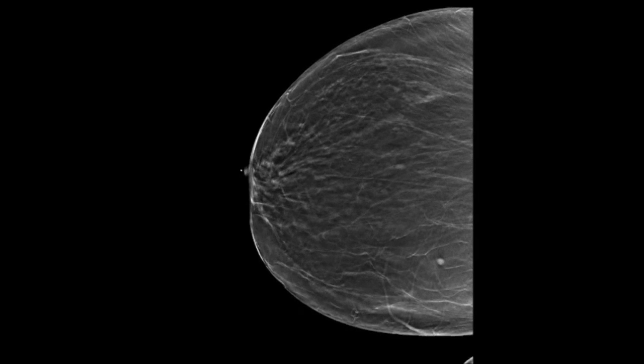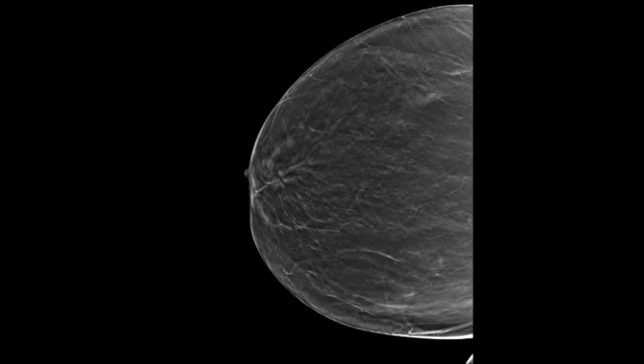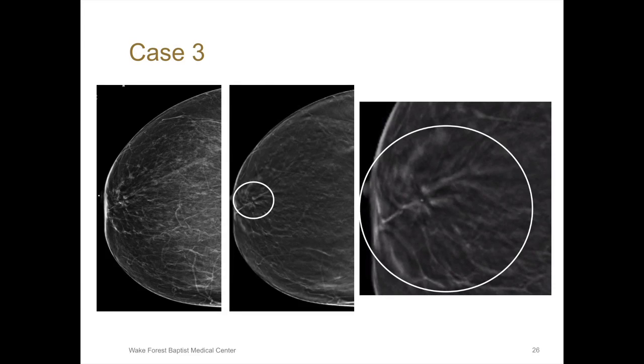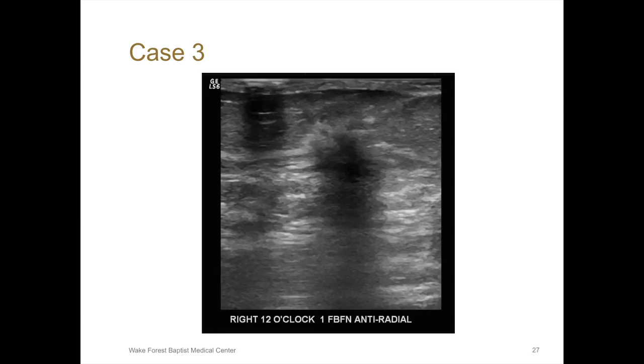So I'll let this run through again. So architectural distortion. And again, this is a slice from that tomosynthesis imaging, and you can see these radiating lines, which represent architectural distortion. And she went on to have an ultrasound, which showed a mass in this area, and she was biopsied and had invasive breast cancer.